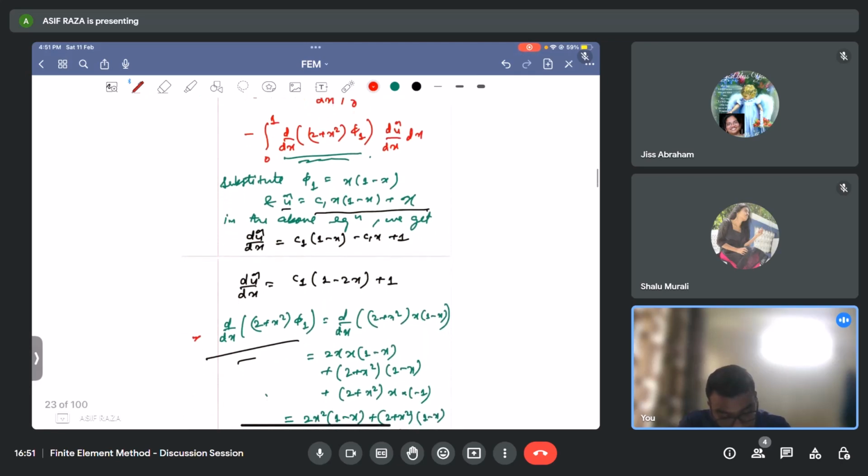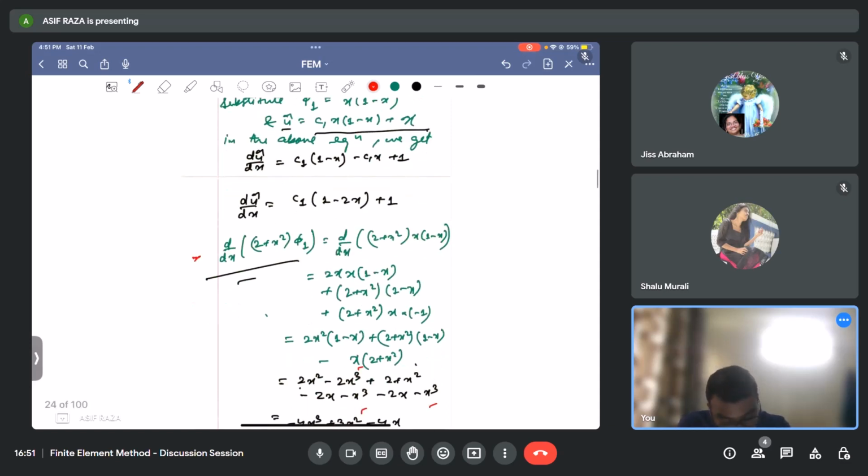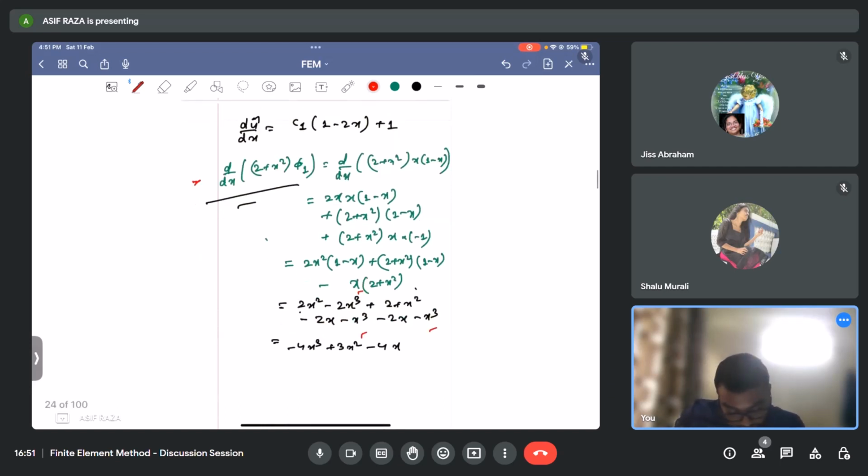Then 2 plus x square, when I take the derivative, that will be 2x times x minus 1, minus 2 plus x square, derivative will be 1 minus x. X minus 1, okay. Then 2x square 1 minus x, minus 2 plus x square 1 minus x. This is also correct.